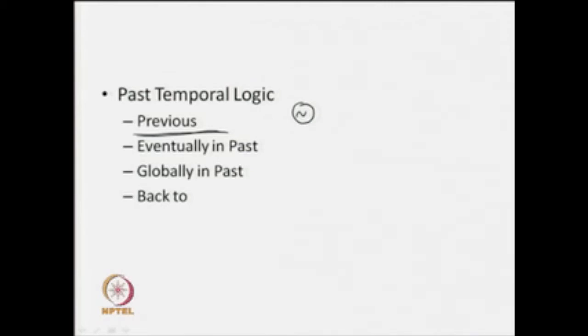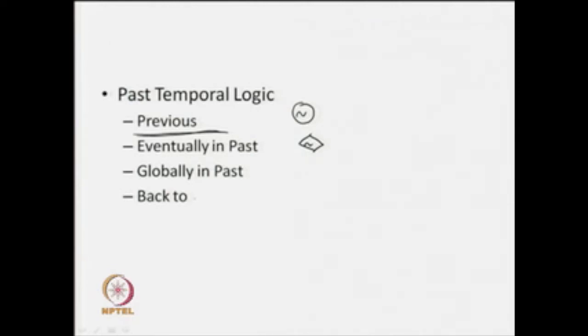It says that this is the previous operator, that means it is a past temporal logic, we are going to look for the previous state. Eventually in past: in future we have this particular diamond. Inside the diamond we are going to write this tilde, then it is going to represent the eventuality in past, the eventually in past operator.